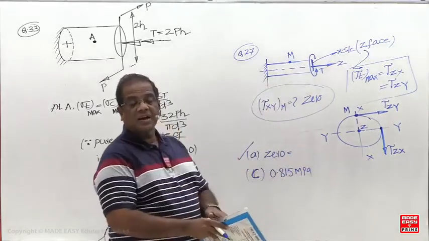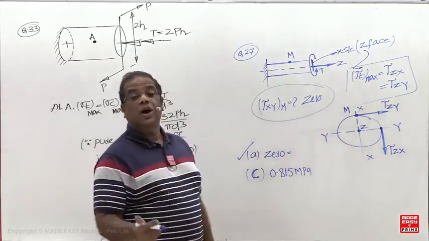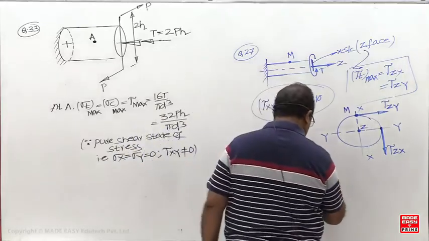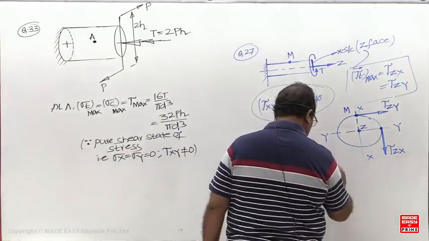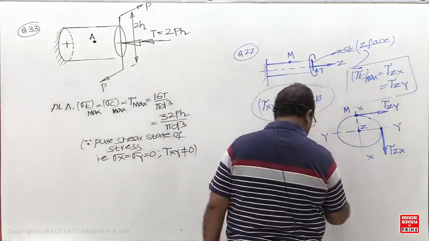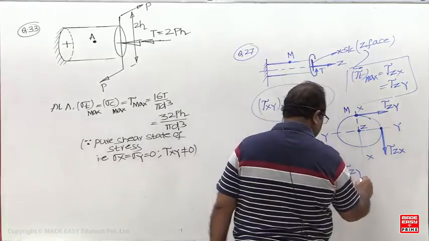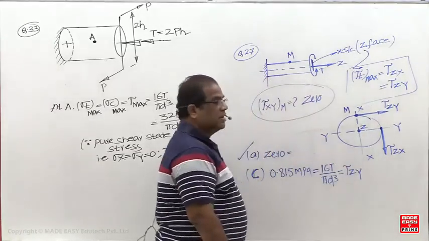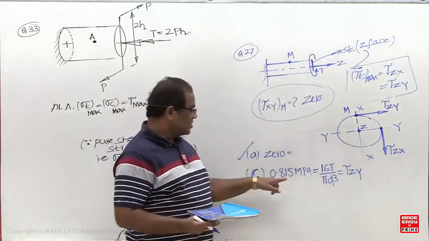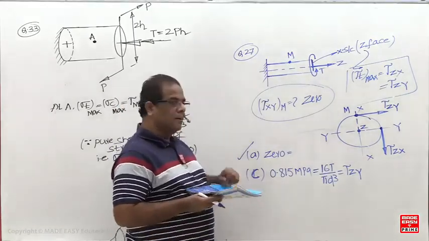When this option is correct, if you ask directly the torsional shear stress, this will become tau zy. If you ask tau zy, this is the answer.